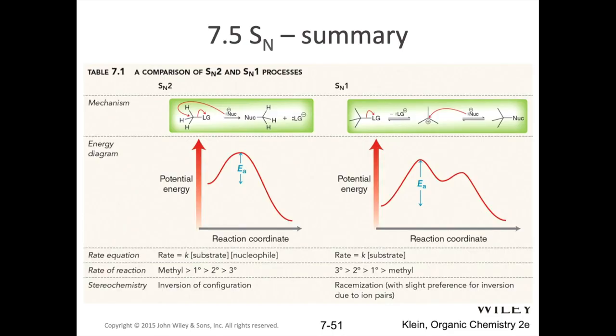All right, to summarize the difference between SN1 and SN2, we have this slide. This slide might come in handy when you're studying, just to remind you of those similarities and differences. Remember, SN2 is called SN2 because we have two molecules involved in the slow step of the mechanism. As you can see here, it's the only step of the mechanism: our nucleophile attacks at the same time that our leaving group leaves, in one concerted step. As a result, your rate law is first order in both your substrate and your nucleophile.